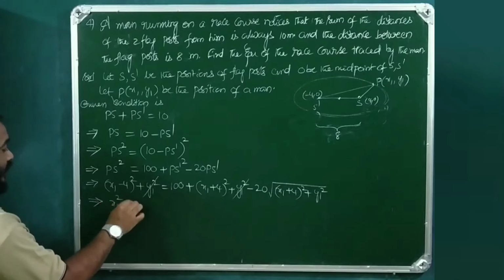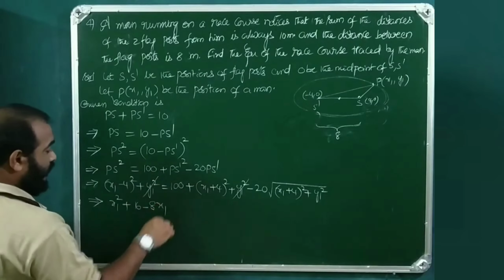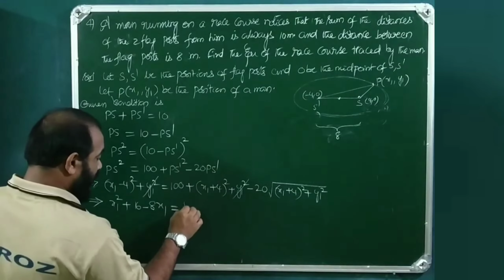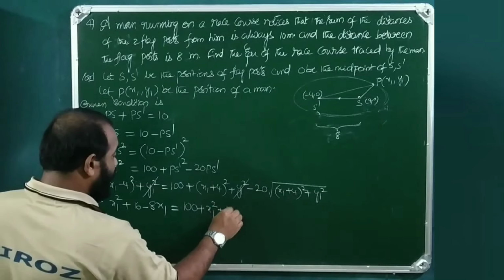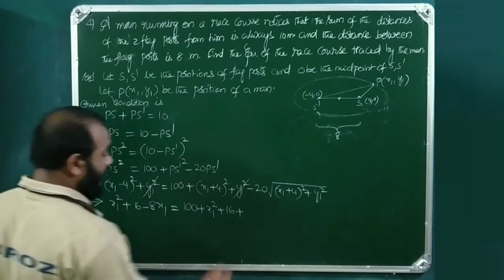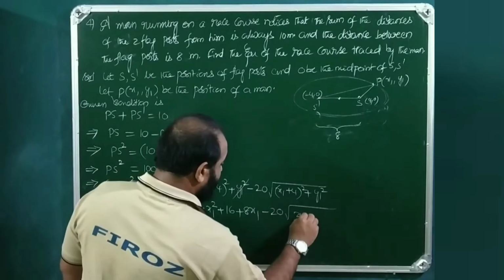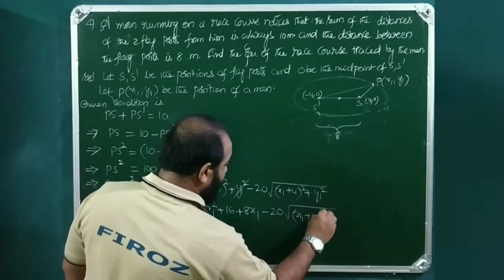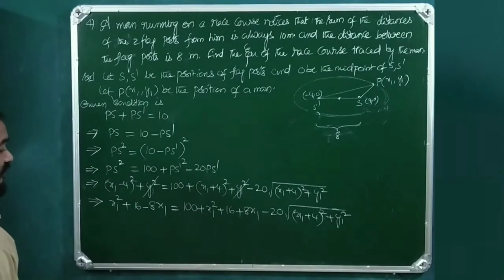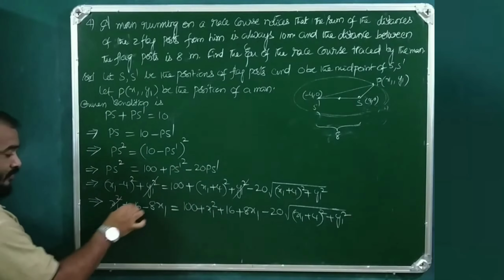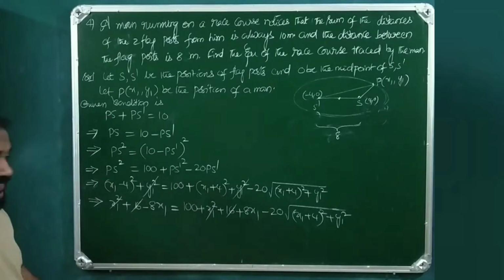This is x1 square plus 4 square 16 minus 2 4s are 8x1 is equal to 100 plus x1 square plus 16 plus 8x1 minus 20 into the square root of (x1 plus 4) whole square plus y1 square. x1 square plus 16 on both sides gets cancelled.